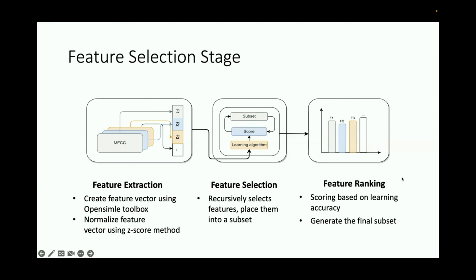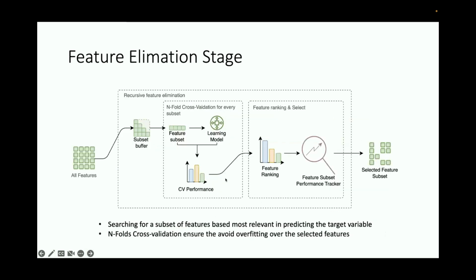And then after that, we have feature ranking. So we will score each feature based on its accuracy and influence towards the models, and then we generate the final feature subset based on its ranking.